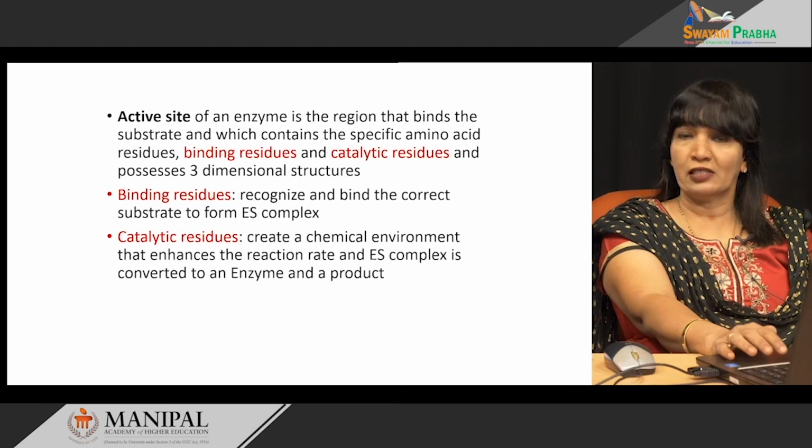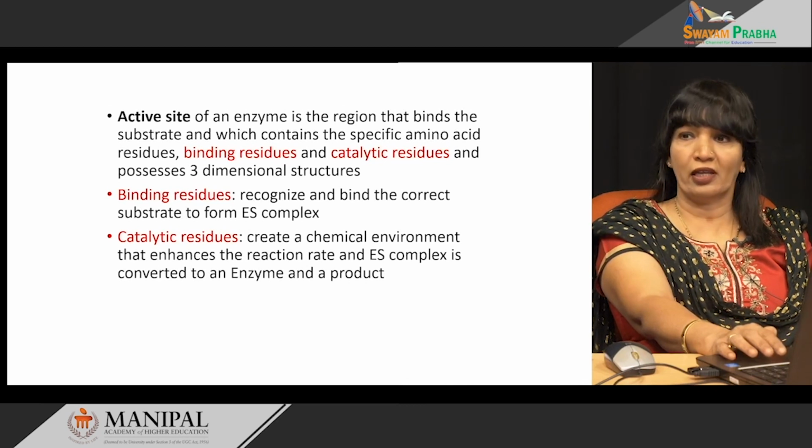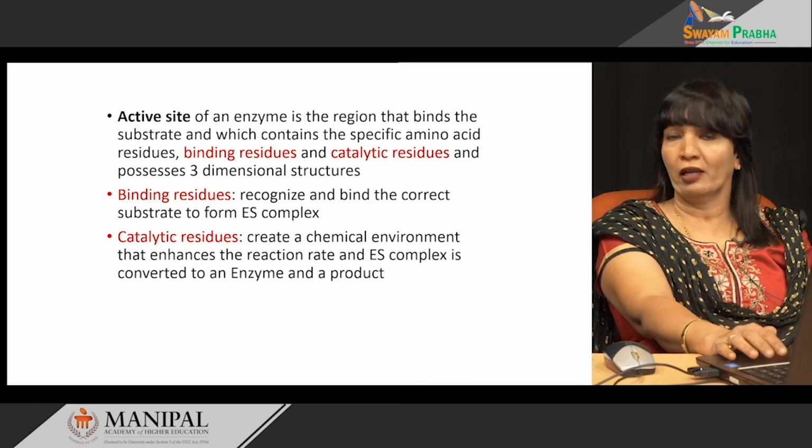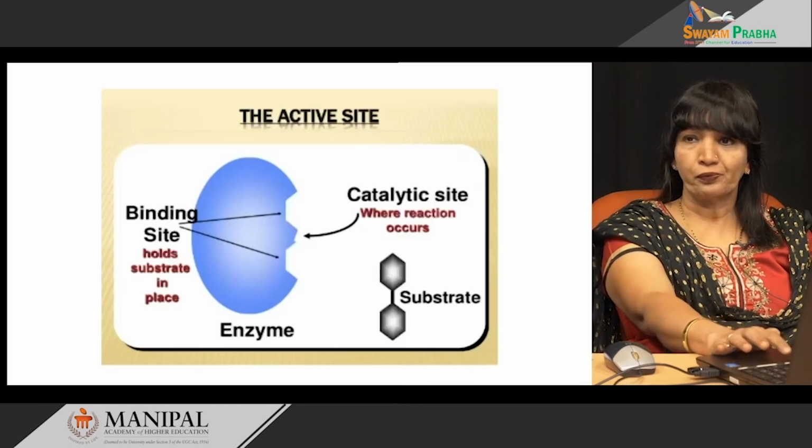This catalytic residue creates a chemical environment that enhances the reaction rate, and the enzyme substrate complex is converted to an enzyme and a product. That was the last picture that we saw. So, it has two residues, one is the binding residue, another is the catalytic residue.